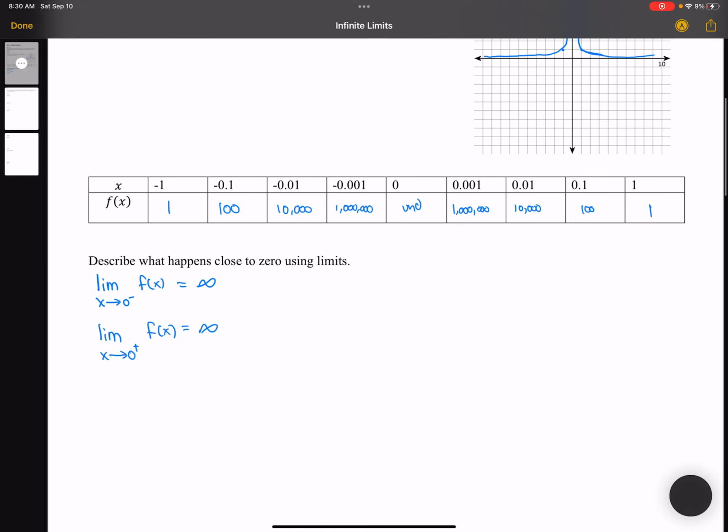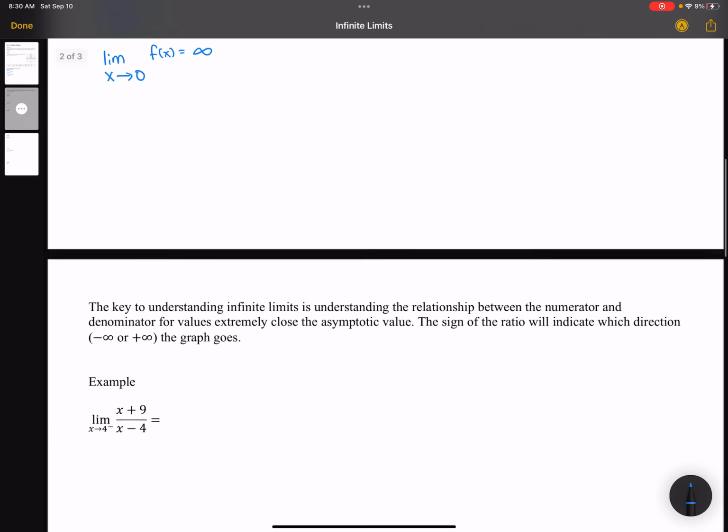So in general, we would say the limit as x approaches 0 for f of x is equal to positive infinity. And so when we have asymptotic values, our limit is always going to be negative infinity, infinity, or if the graph branches in two different directions, the limit will not exist.